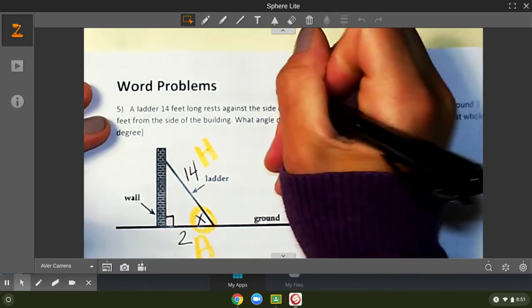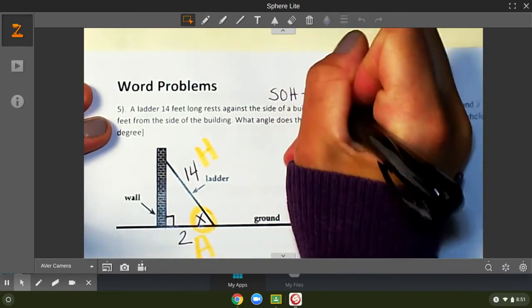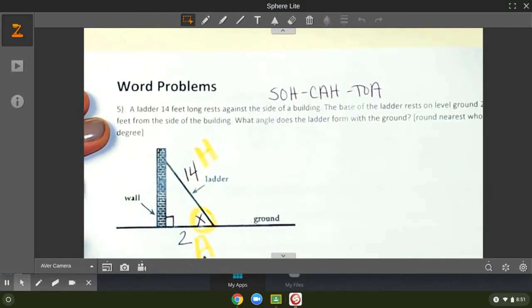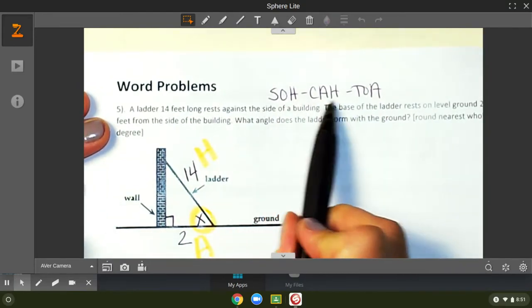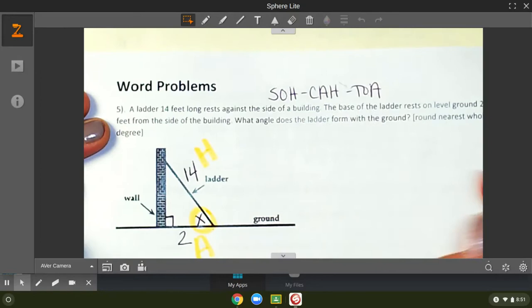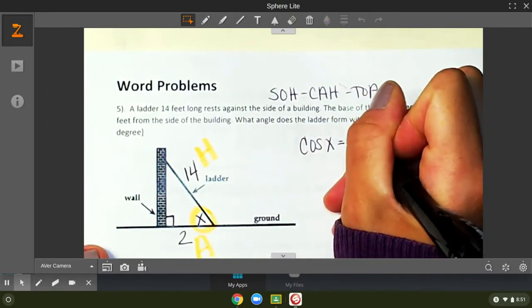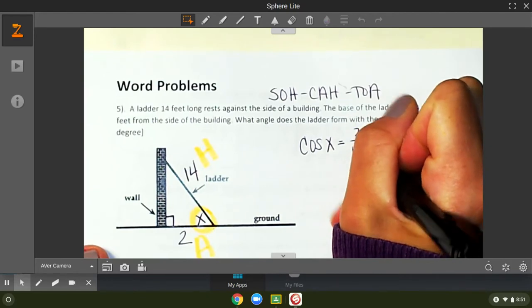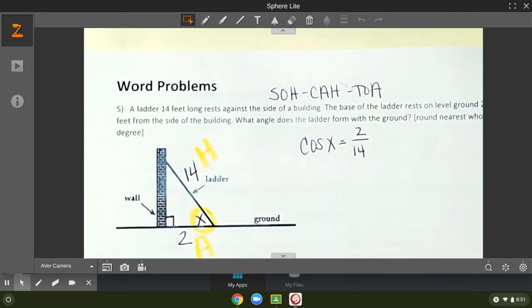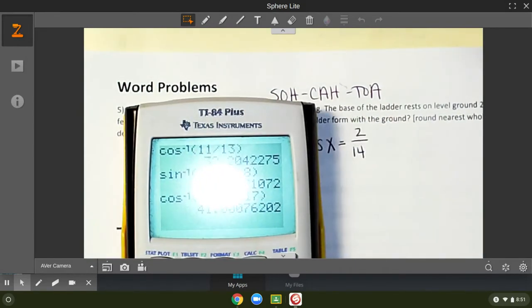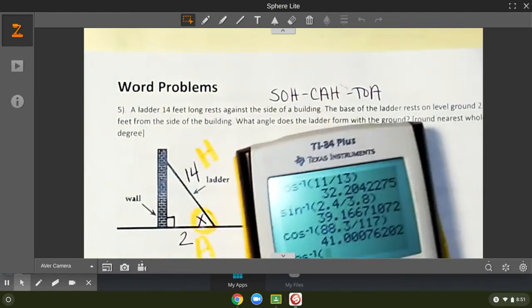So now we're going to remember our SOHCAHTOA. So if we have an A and an H, that's going to leave us with cosine. So cosine of X is equal to 2 over 14. So remember, when the angle is missing, we can't type in the calculator cosine X. So we have to do inverse cosine.